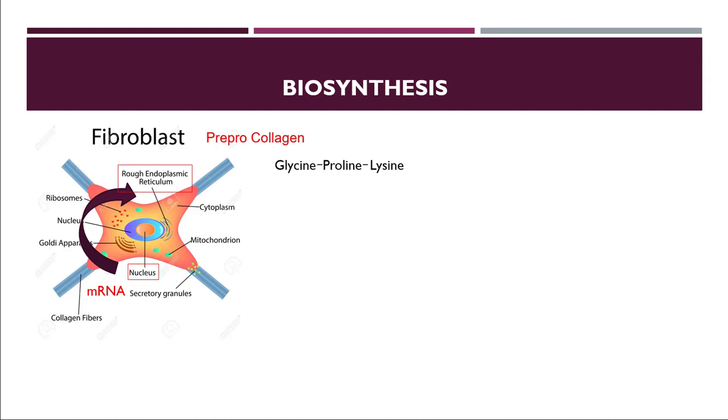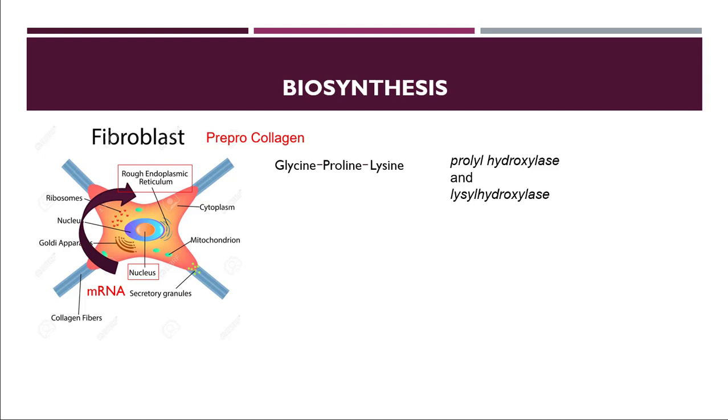Now to attach hydroxy to this lysine here, we need an enzyme, and that enzyme is lysyl hydroxylase. If the amino acid is proline and we need to attach a hydroxy group to it, then prolyl hydroxylase will be there.